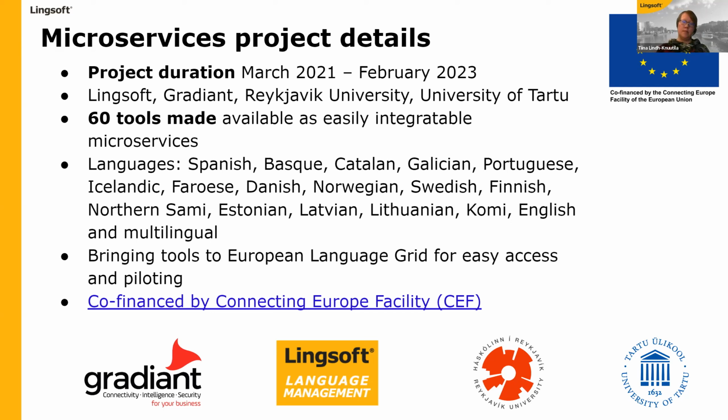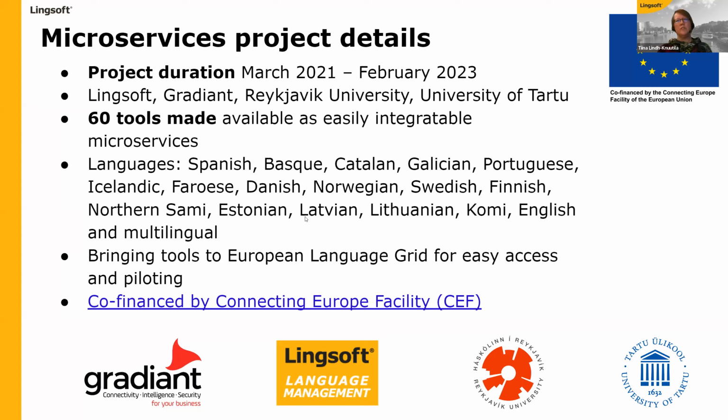They are tested in the sense that they do what they promise they do, and we covered quite a few languages as well. So Spanish, Basque, Catalan, Galician, and Portuguese from the Iberian area, and of course Southern America as well, Icelandic and Faroese. Why is Danish there again? Sorry, Danish is not part of these languages, but it keeps popping up.